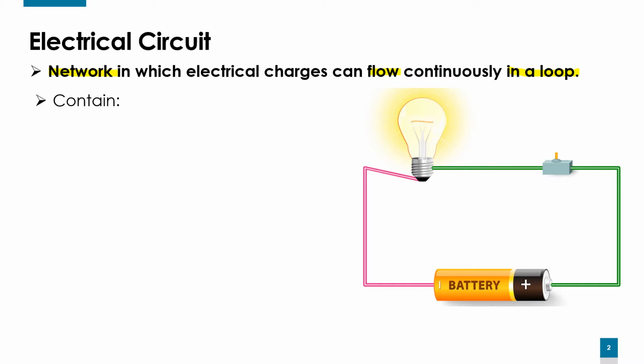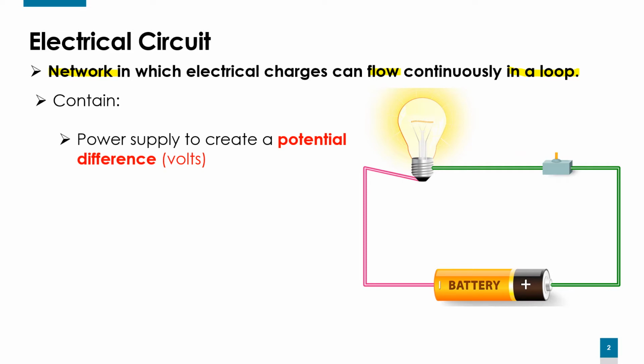In this circuit, we have three main components that are essential for this to work. The first one is the power supply. It can be a battery, it can be a generator, depending on which power supply you use. But it is important that this power supply creates a potential difference, okay?